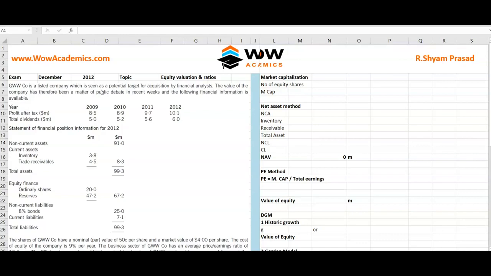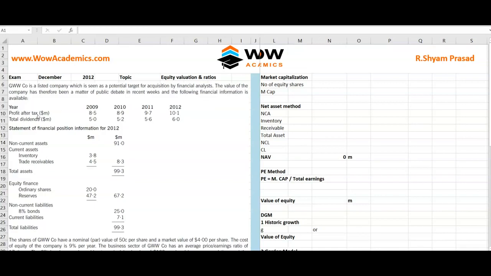GCO is a listed company which is seen as a potential target for acquisition by financial analysts. The value of the company has therefore been a matter of public debate in recent weeks, and the following financial information is available. They have given you four years of data, from 2009 to 2012.